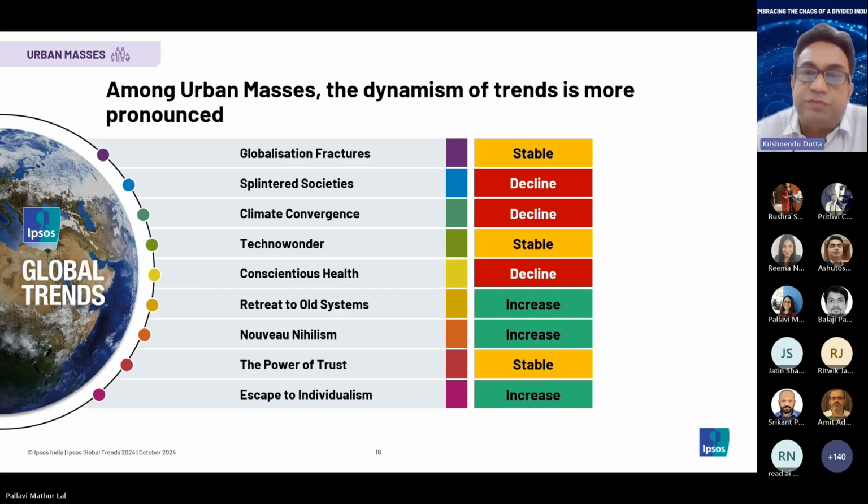A lot of the dynamism at the total urban level is definitely driven by the urban masses. Trends like splintered societies, climate convergence, and conscientious health are much more dynamic among this cohort than among the total urban population.